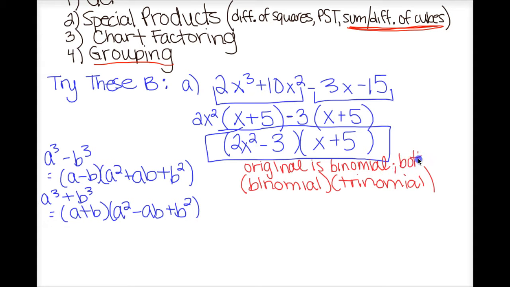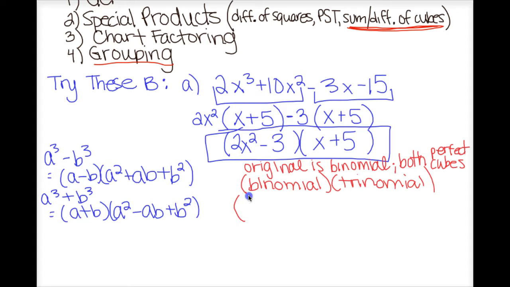They both are perfect cubes, meaning they both have perfect cube roots. These do both have perfect cube roots because the cube root of a cubed is a. The cube root of b cubed is b. So it's a binomial times a trinomial when we factor it.